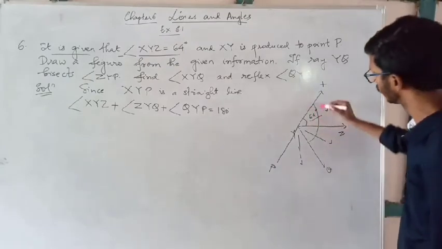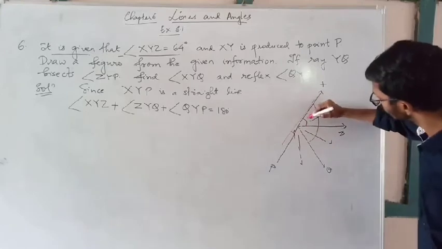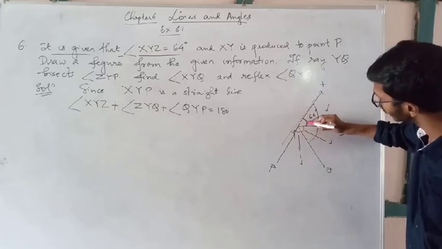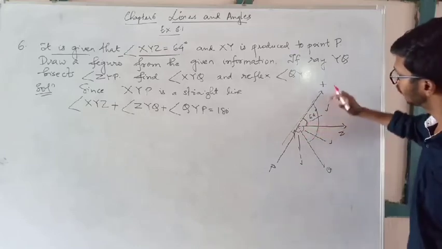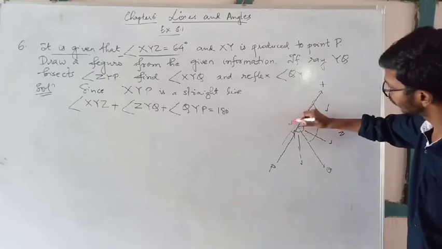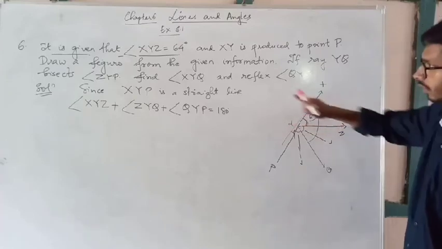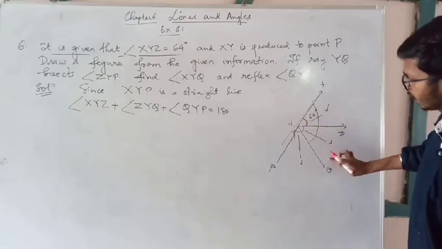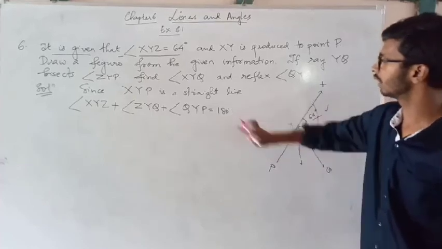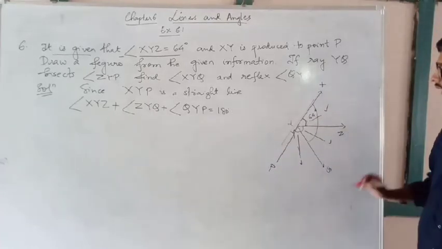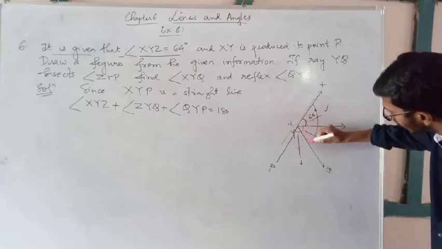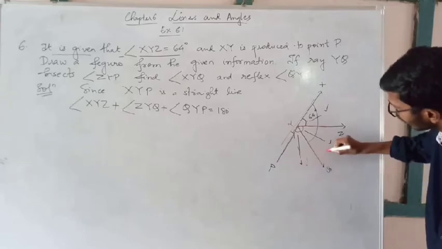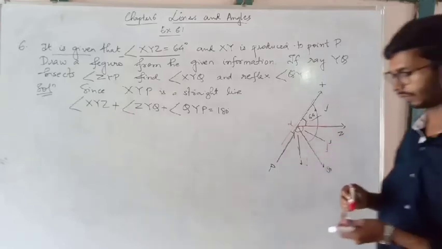You can see here, this is a straight line. So the sum of these three angles is 180 degree. So I wrote here XYZ plus ZYQ plus QYP is equal to 180 degree. Now second thing, you see, this ray bisects this angle. So we can say that this angle and this angle also both are same.